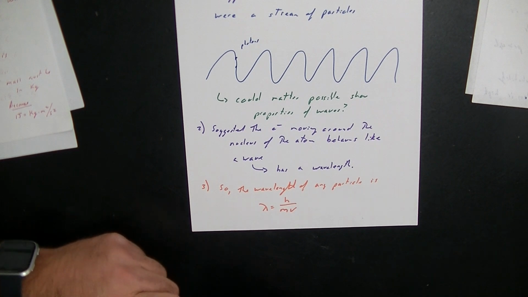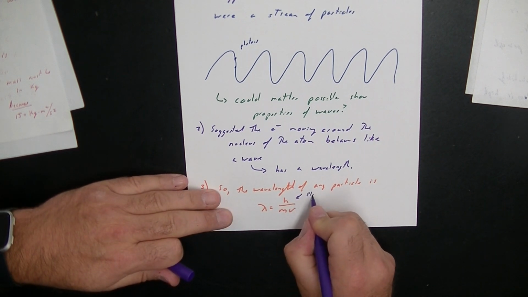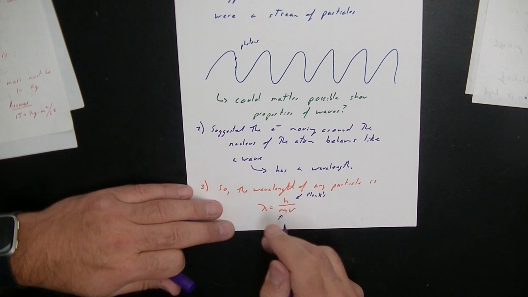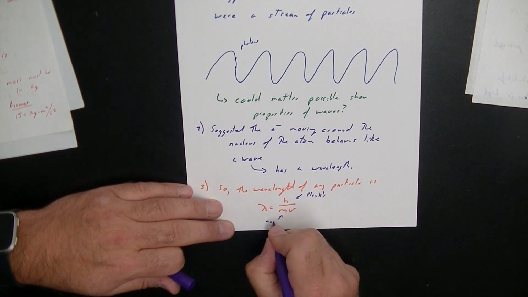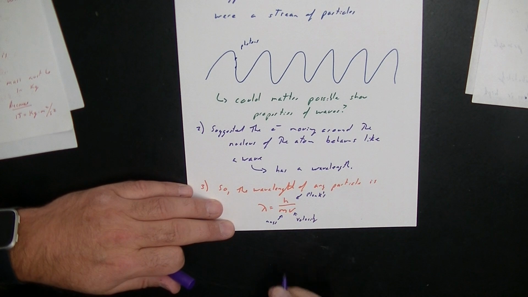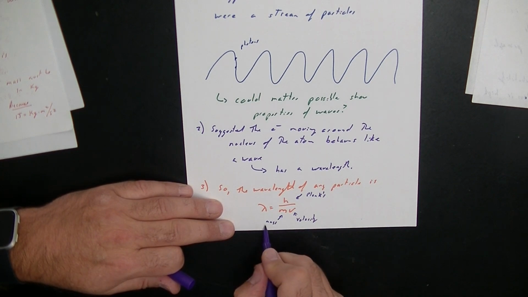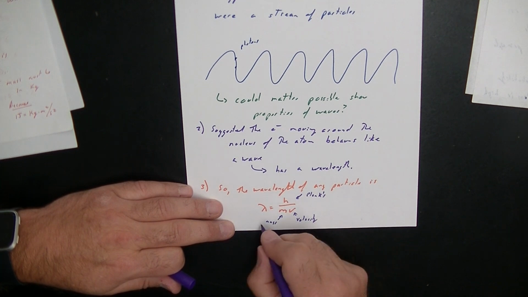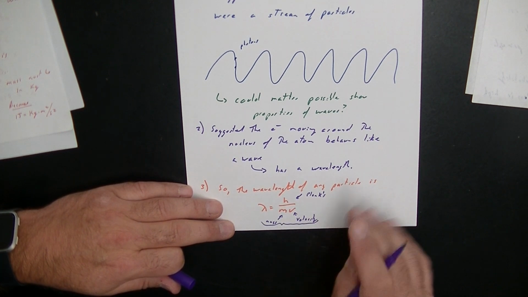We know what h is. It's Planck's constant. m is mass, and v is velocity. Now, those of you that have had physics, if you take mass times velocity, we get momentum. So this is momentum.